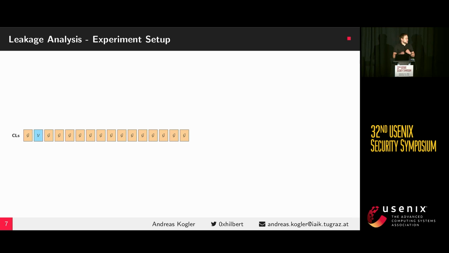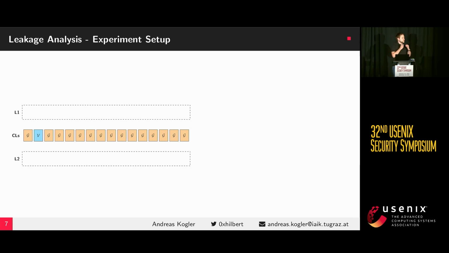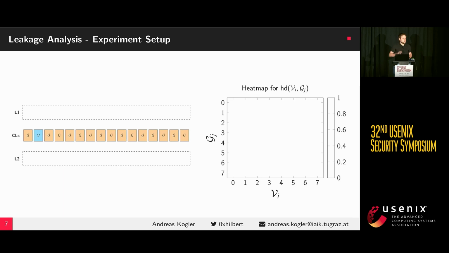During this initial leakage analysis, we iterate over all the cache lines and just access them or prefetch them into the memory. During the experiments, these cache lines are located in different positions in the L1 and also in the L2. On the side, we record which parts of the cache line leak to each other.